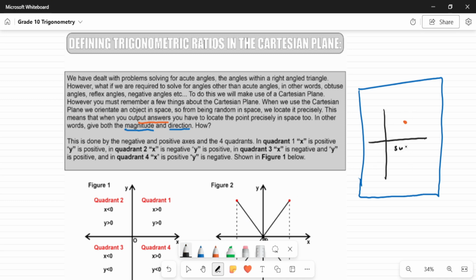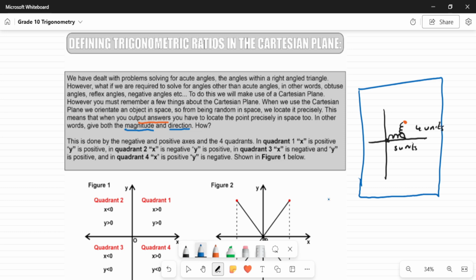I can say this point lies 3 units to the right of the origin and 4 units up. So there's the origin here. It lies 3 units to the right and 4 units up. So it'll be 1, 2, 3, and 1, 2, 3, 4. So at this point here, I move 4 units up and 3 units to the right. That's how we'll locate that point.